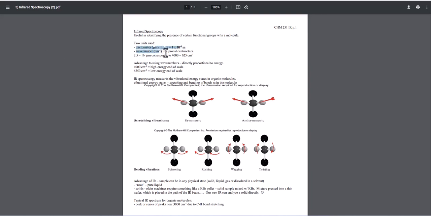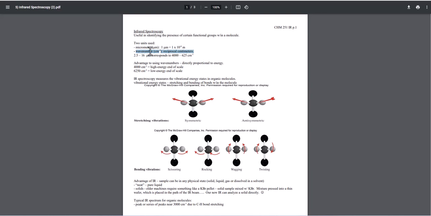The units for reading an IR spectrum, and we'll see what IR spectra look like in a little bit, are micrometers or wave numbers. Wave numbers is the more commonly used unit of measurement for an IR spectra. And if we think about what wave numbers represents, this is a frequency.